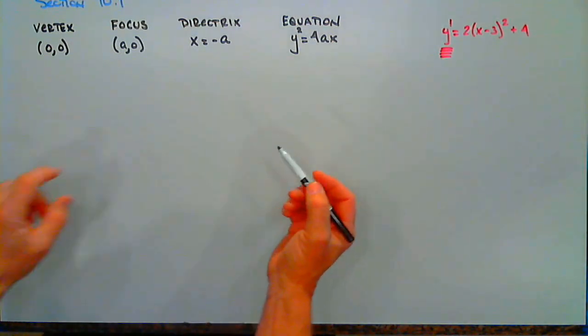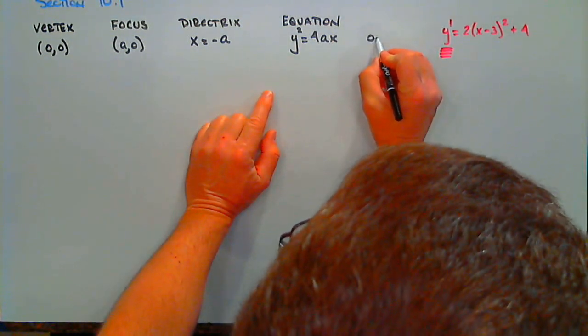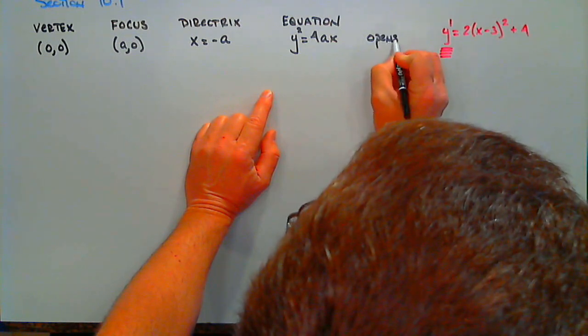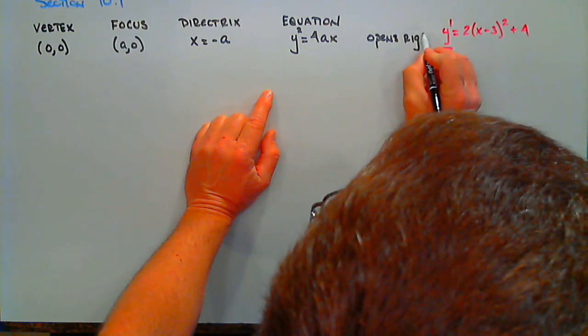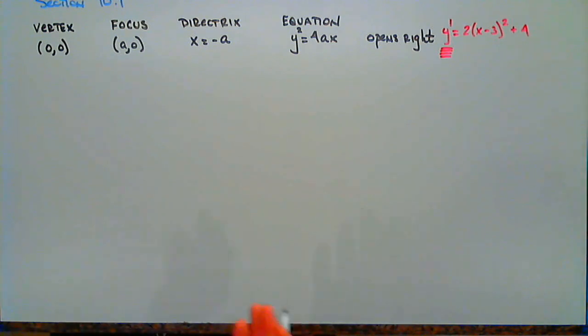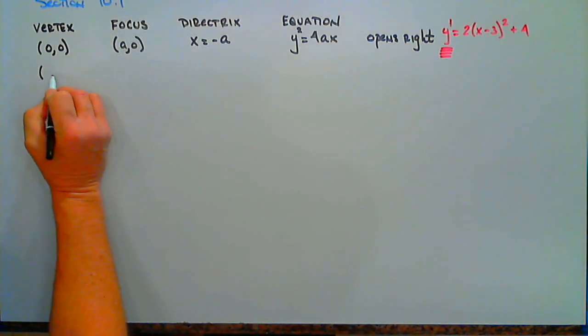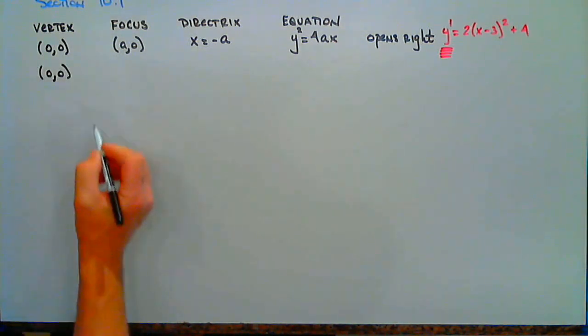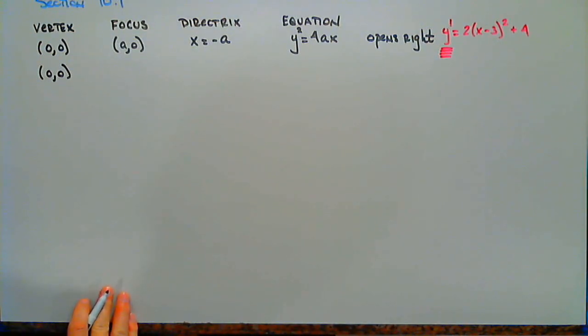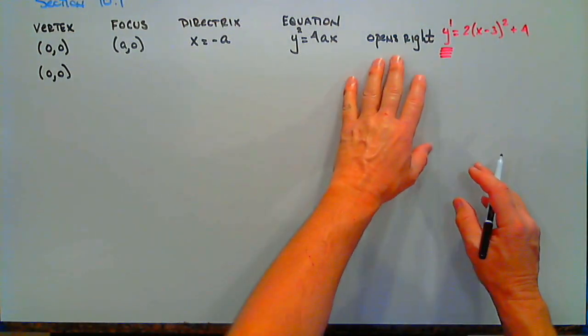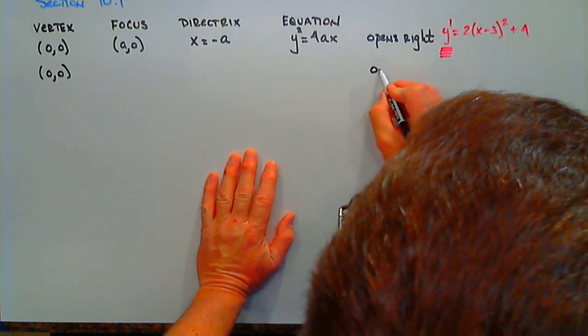Now, what else? We all know this opens right. We'll write that right here. Opens right. What would make this open left? The same thing that made it open left back in Algebra 2. If we kept the vertex here, but instead of wanting it to open right, we want it to open left.